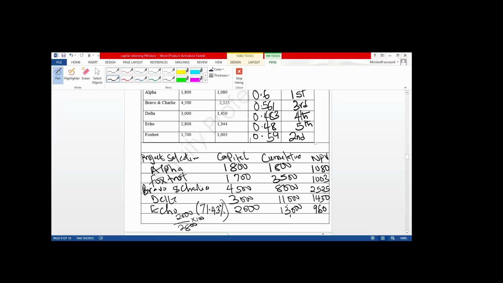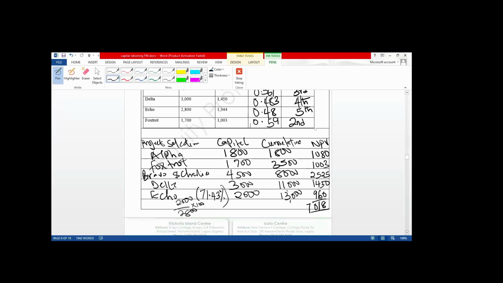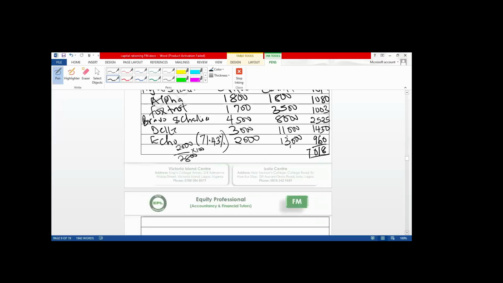You now sum up to get your total NPV: 960 plus 1,450 plus 2,525 plus 1,003 plus 1,080. You have 7,018. You now go to your recommendation.